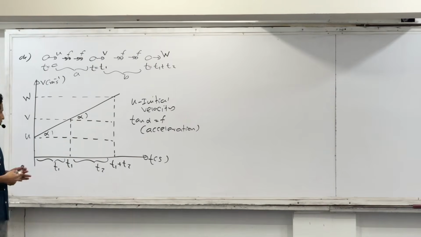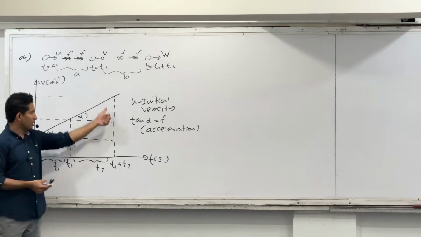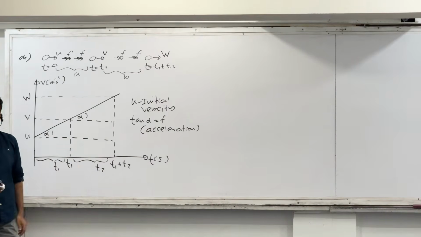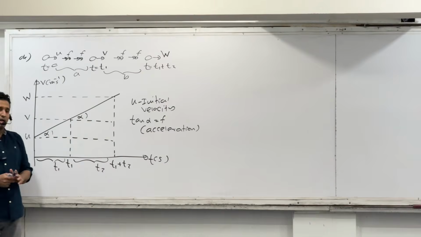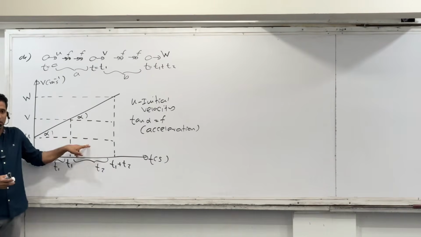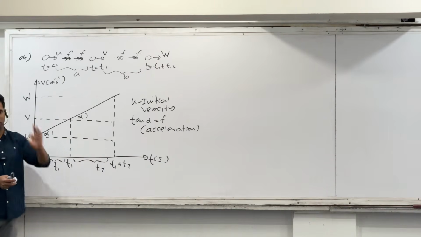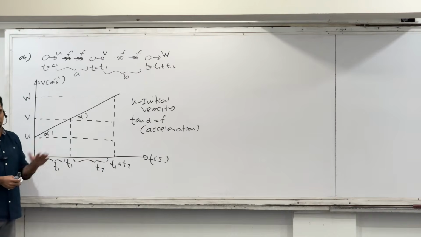Then within the first time interval t1, the displacement is simply a, and you know that this area is a. Within the next time t2, the displacement is b, so this area is b. If any of you have written a statement equating this area and this area to a and b, perfect.